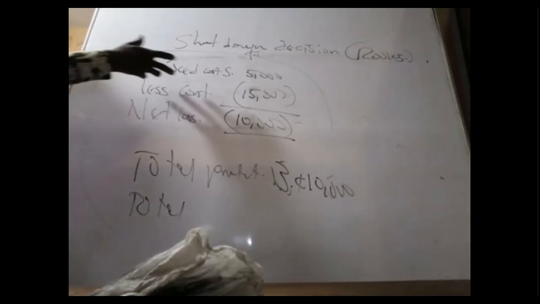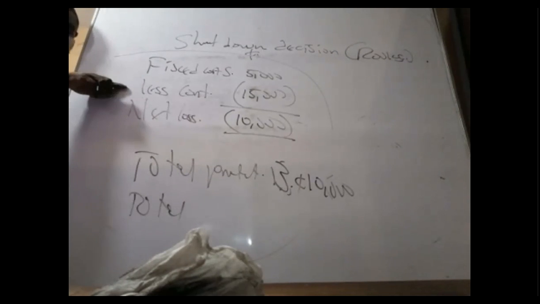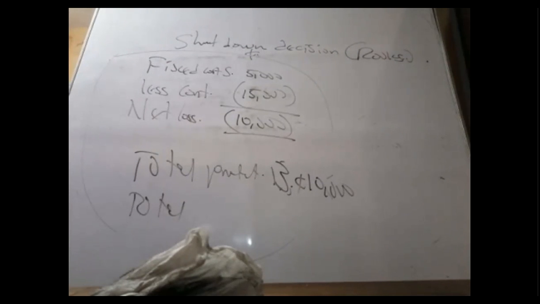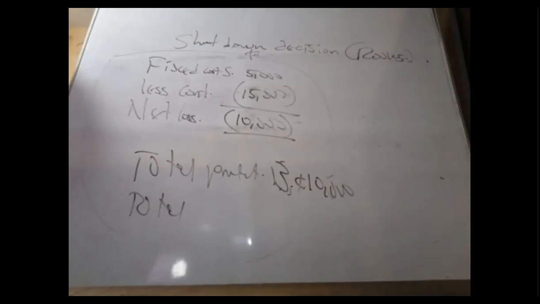We'll put a question where we cannot do it this way, because sometimes when you shut down the production of one, it will affect the other. The demand of the other also will increase. It can also add additional cost from somewhere. It can also reduce cost at another point. So let's take note of that.